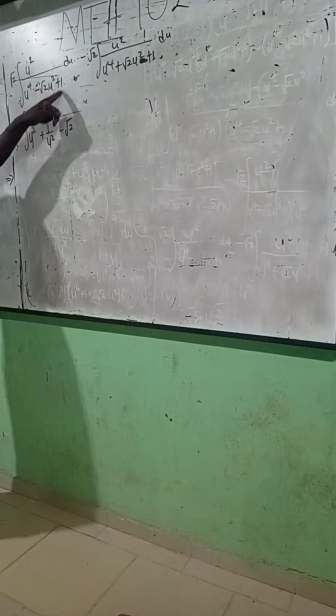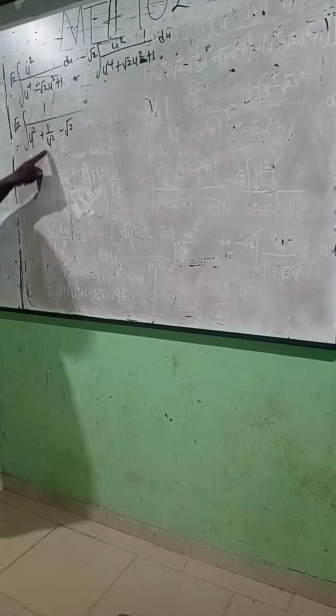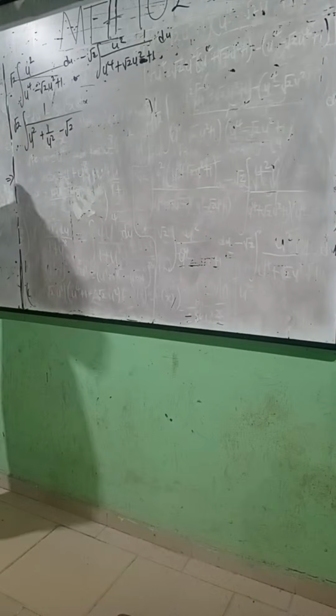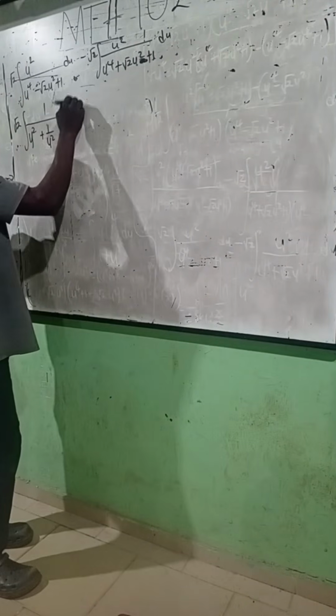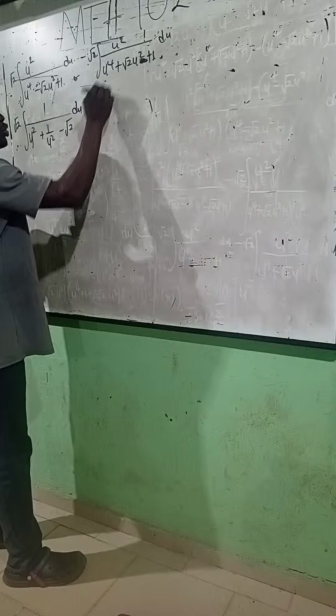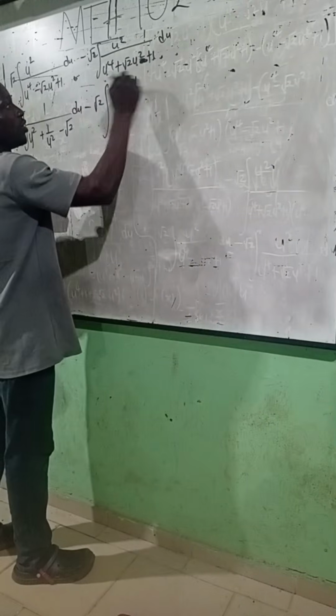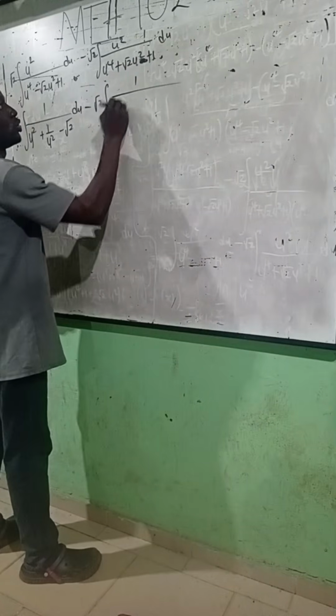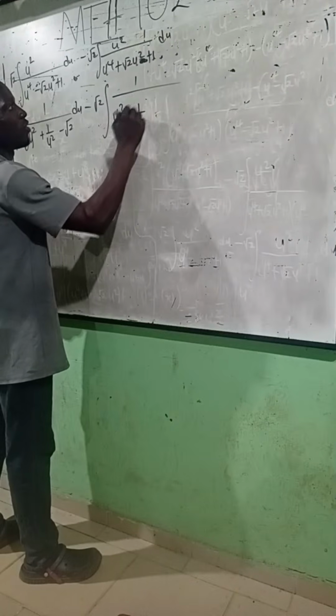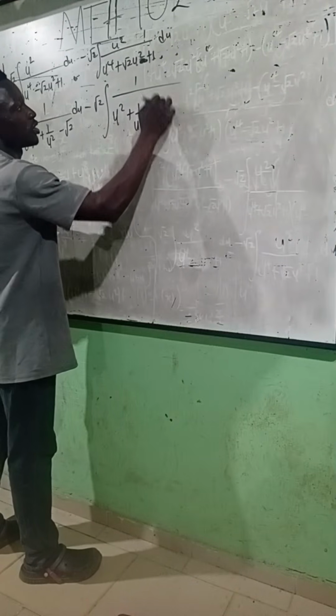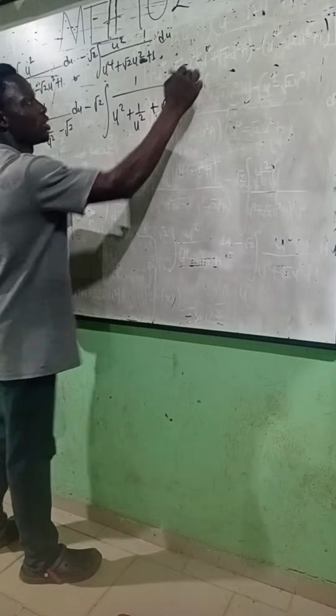So if you divide this by u square, you have this. We get du, minus root 2 integral of 1 over u square plus root 2 plus 1 over u square du.